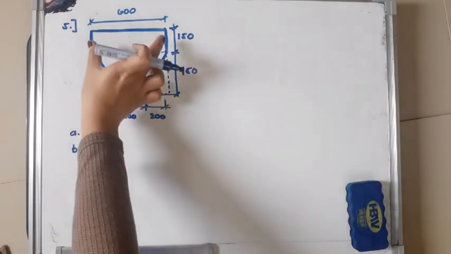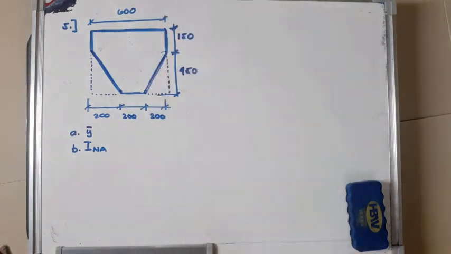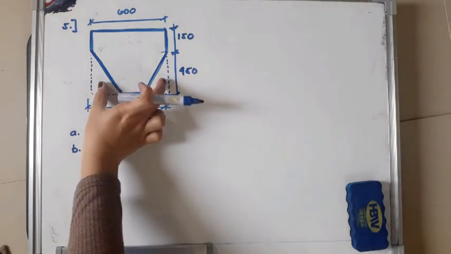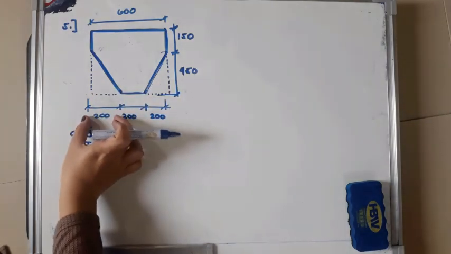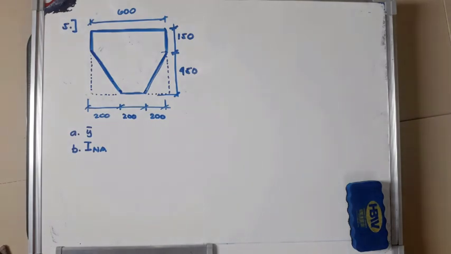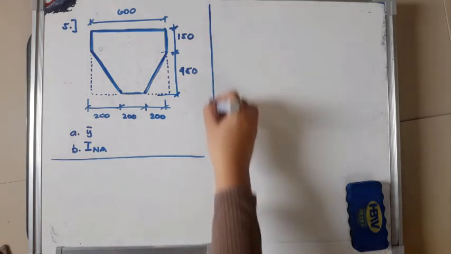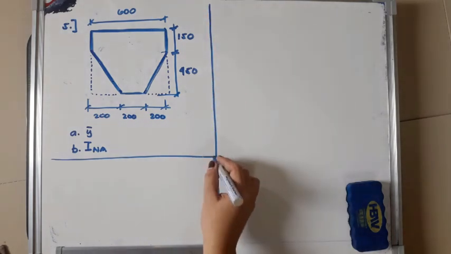The dimension is 600 by 600. And then the hole is composed of 2 triangles with dimensions 200 by 450. Okay? So let's solve for letter A, bar Y.